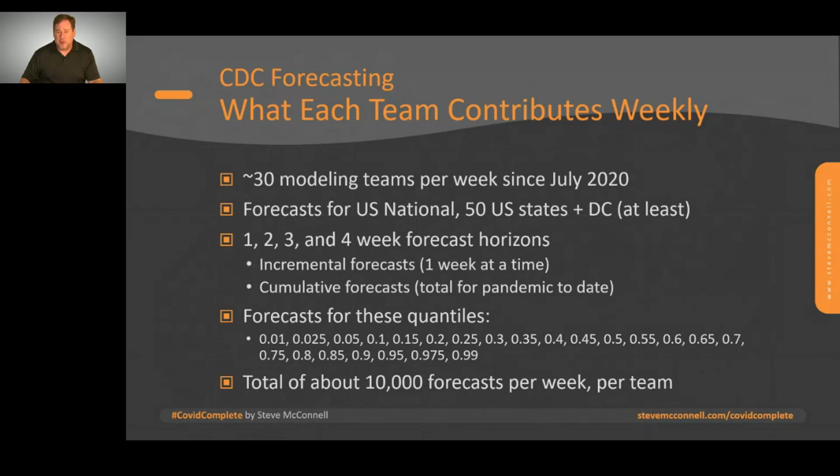The 0.025 quantile is the 2.5% chance that the actual result will be below that forecast. 0.5 is essentially the point forecast, the nominal forecast, the 50% likely forecast, and so on. In total, each team contributes about 10,000 forecasts per week. When you take the number of quantiles, the number of areas that are forecast, the number of forecast horizons, cumulative and incremental, you end up with just under 10,000 forecasts per week.